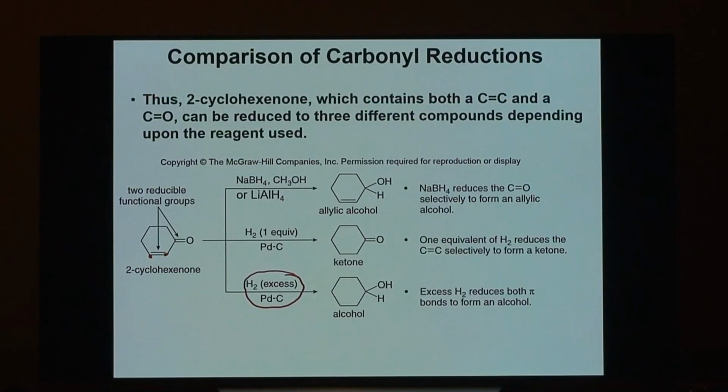So if you are adding hydrogen in presence of Pd/C, the priority is for the double bond, for the alkene. This is the priority, not the carbonyl. So one equivalent of hydrogen in presence of Pd/C is going to basically hydrogenate the double bond. It's going to add two hydrogens, and you're going to go from the alkene to the alkane.